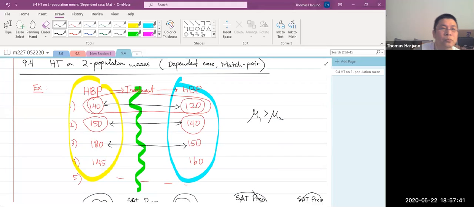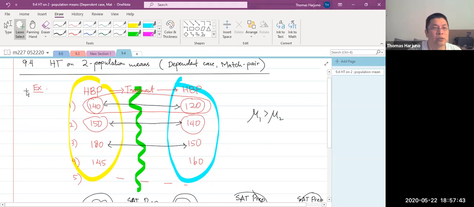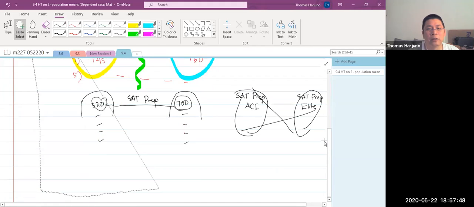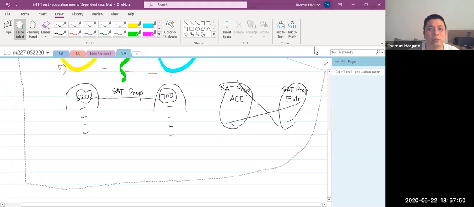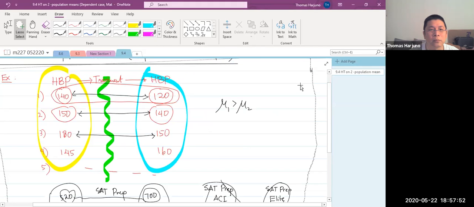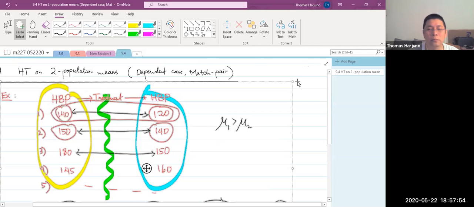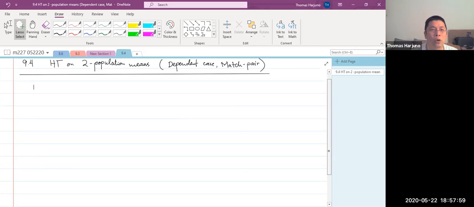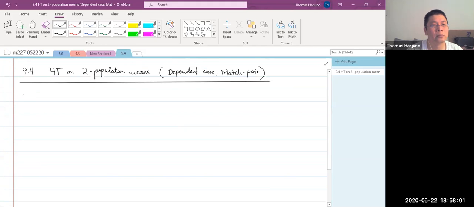Now, let me lasso this to delete it. So what's the modification? The modification will be done in the following way.